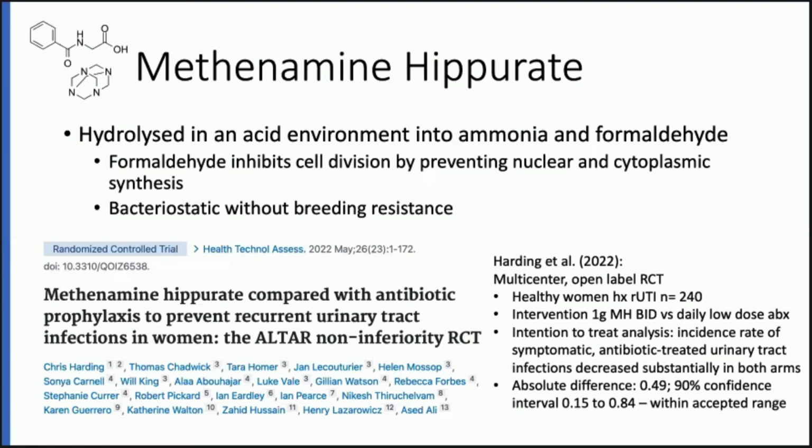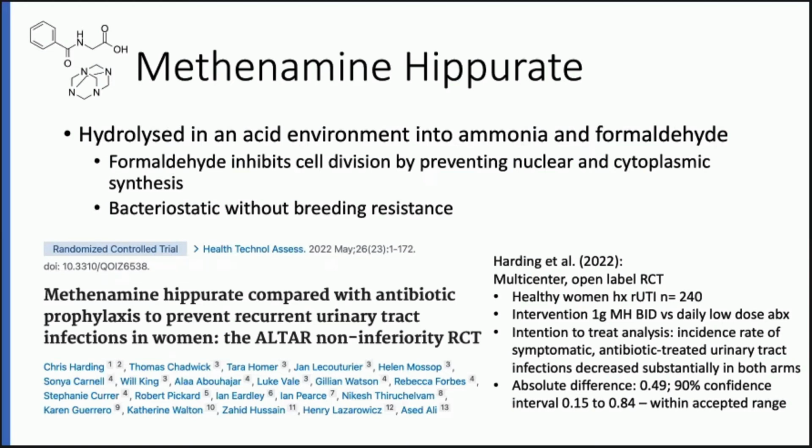And actually, a recently published RCT was conducted by Harding and colleagues, where 240 women with a history of UTI were assigned to either the methenamine group or low-dose antibiotic prophylaxis with trimethoprim or cephalexin. And their predefined non-inferiority margin was that of 1 urinary tract infection per person year.